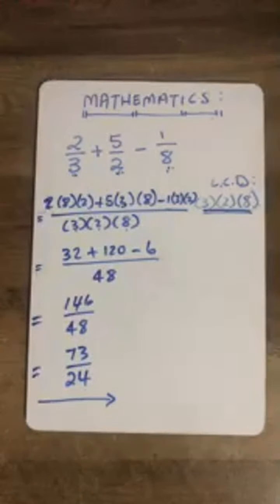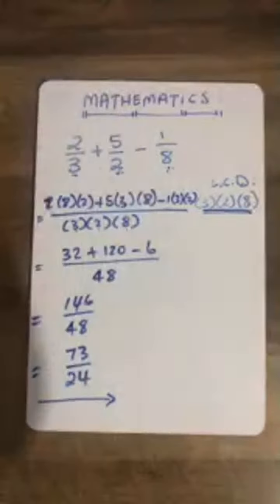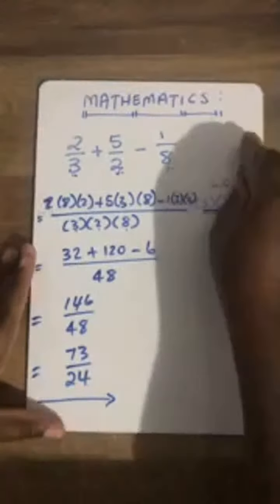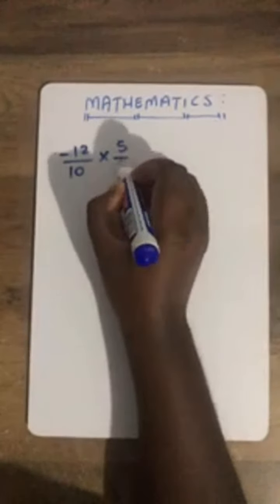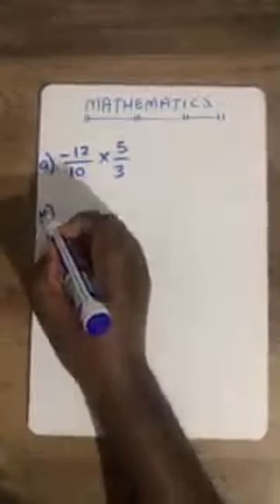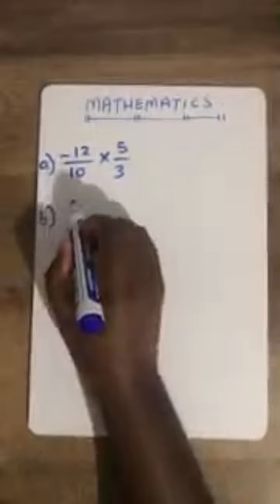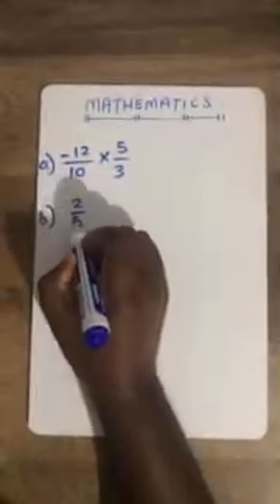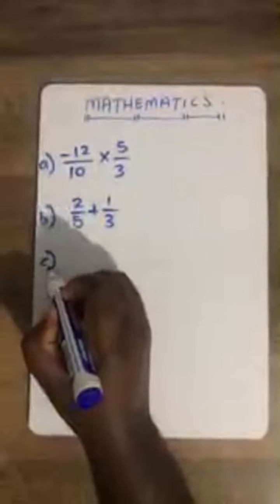Some things continue. Let's see. Let's say negative 12 over 10 multiply 5 over 3. This is A. Let's go to B. B, I'm going to give you guys 2 over 5 plus 1 over 3.